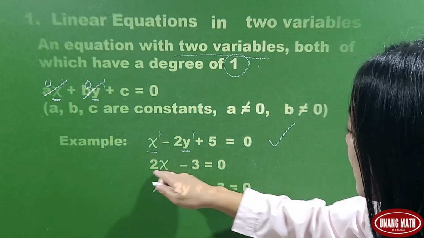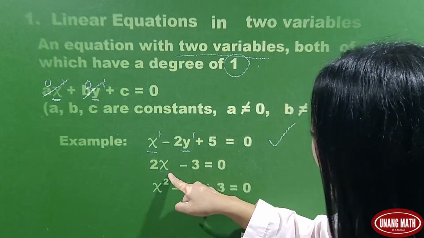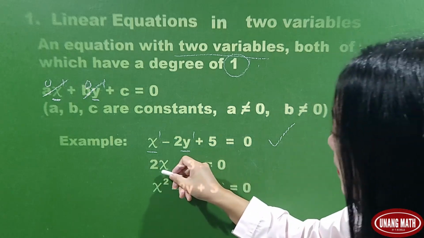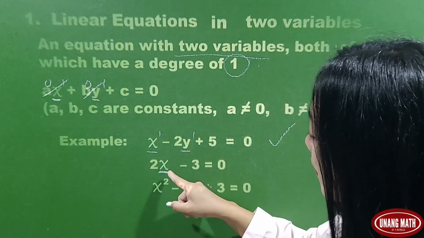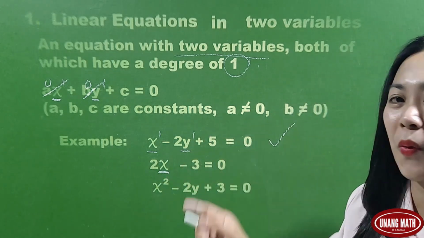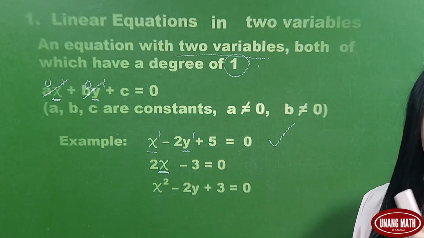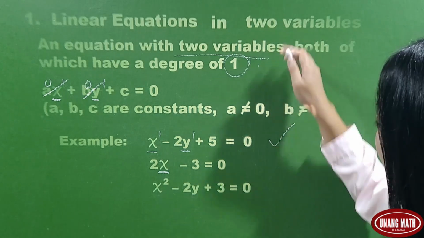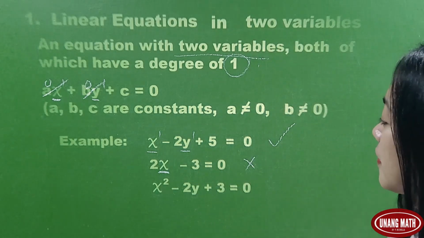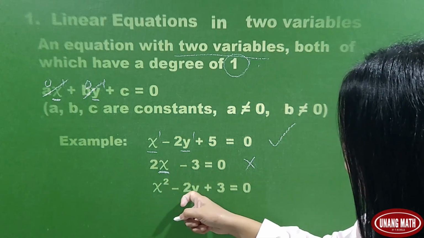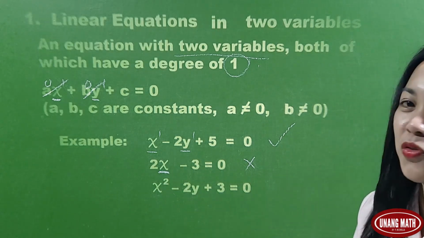What about the second equation? 2x minus 3 is equal to 0. As you can see, we only have one variable. So this is a linear equation, but in one variable and not in two variables. What about the third equation? x squared minus 2y plus 3 is equal to 0.